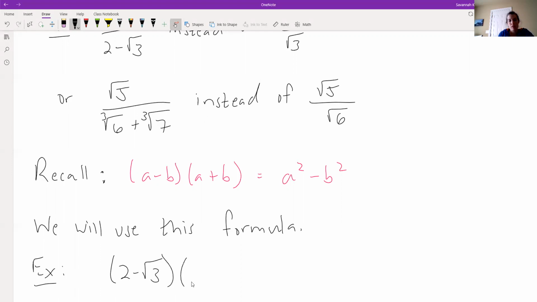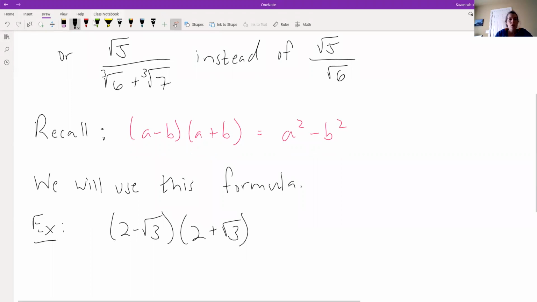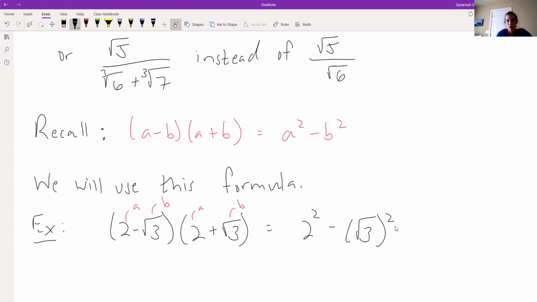Let's just see what happens if the 2 is our a and the square root of 3 is our b. So I'll emphasize that. This is a, b, a, b. So what we need to come out with is a squared minus b squared. So that'll be 2 squared minus the square root of 3 squared.